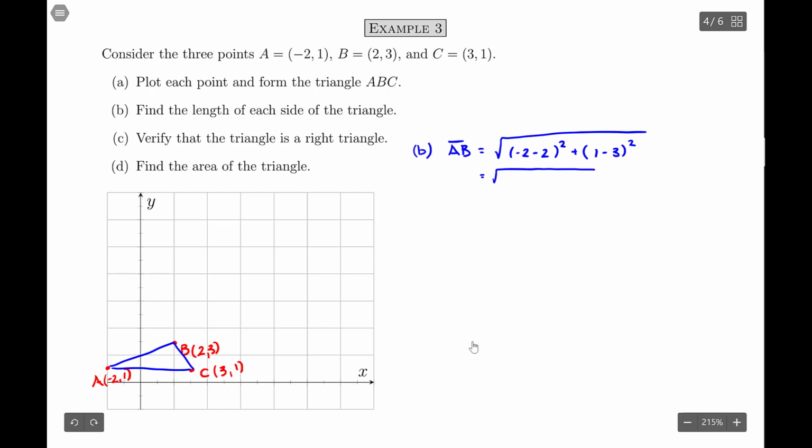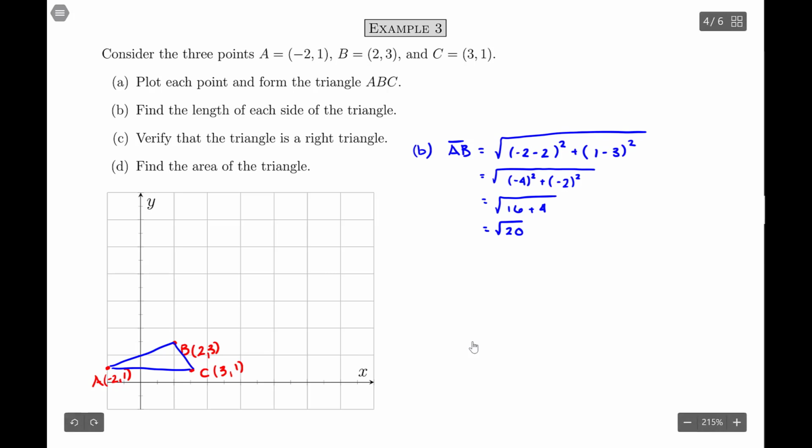We end up with -2 minus 2 is -4, and 1 minus 3 is -2. When we square -4, we get +16. When we square -2, we get +4. And we have the square root of 20. That's the distance from A to B.